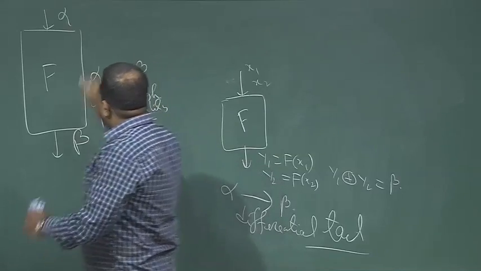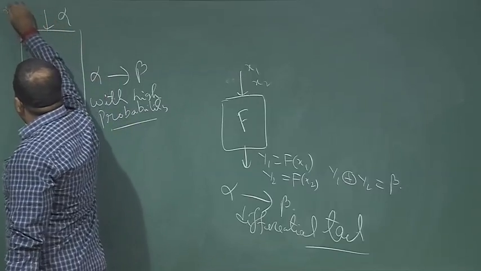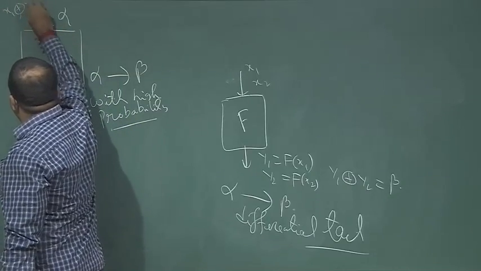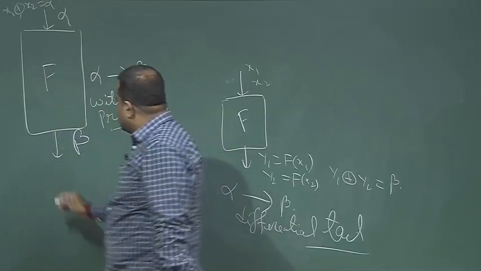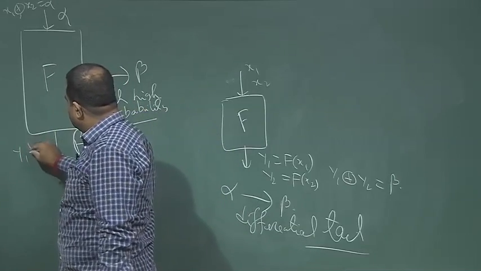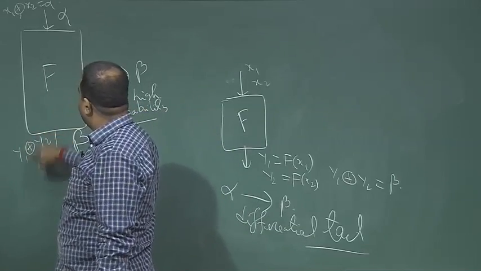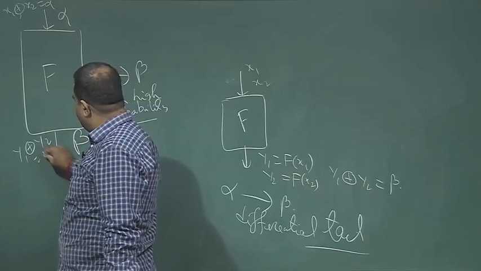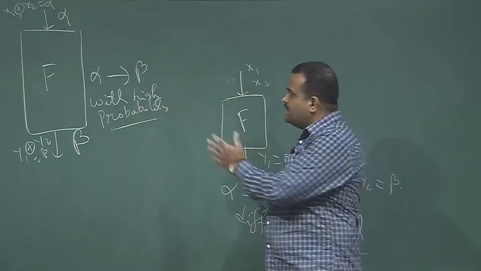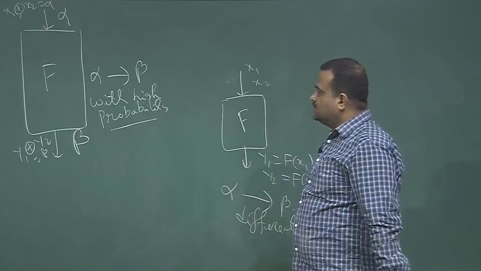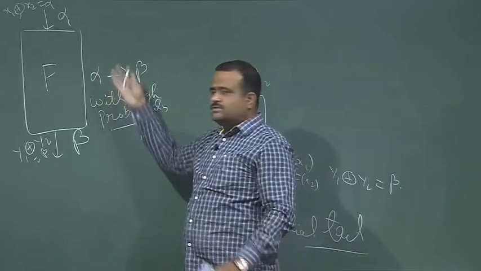If you take two inputs x1 and x2 such that x1 XOR x2 is alpha, then it is expected that y1, which is f of x1, and y2, which is f of x2, will differ by beta, with that high probability. So we can say alpha is going to beta.